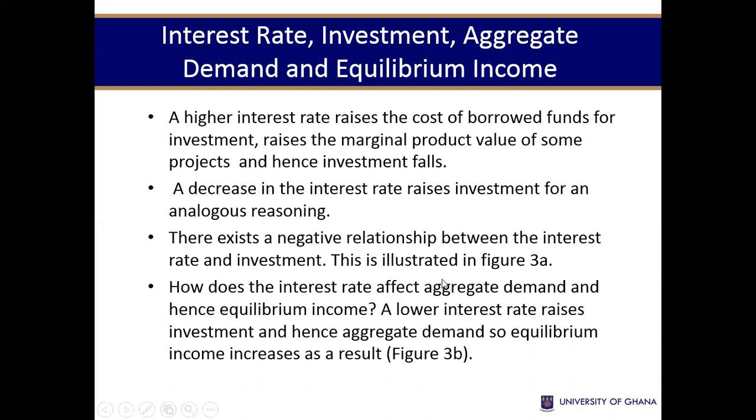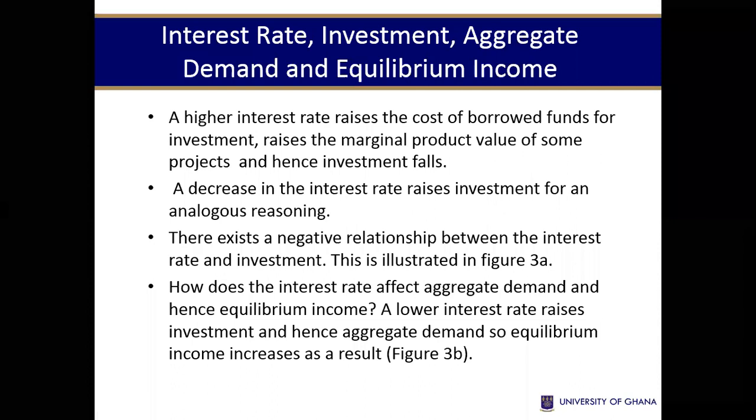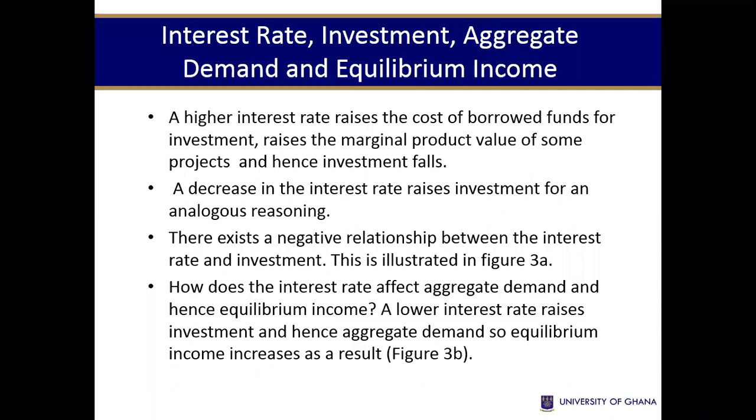Okay. So now we know the relationship between interest rate and investment, and we also know the relationship between investment and aggregate expenditure or aggregate demand. Whenever there's an increase in investment, there's an increase in aggregate demand, right?